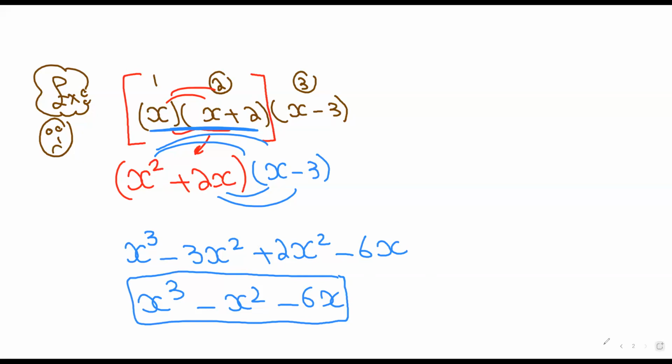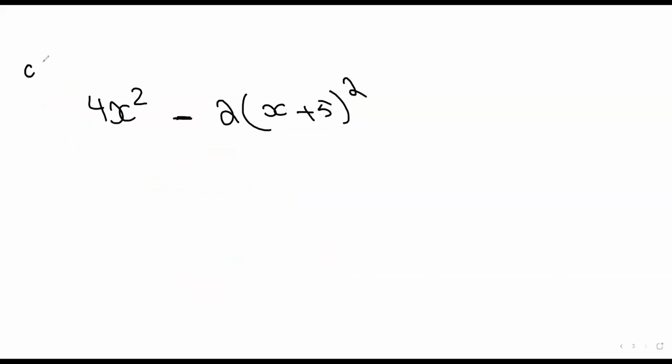That makes it easier. One more example: 4x power 2 minus 2 brackets, x plus 5, all squared. Something like that. Why are you giving us strange problems when we were doing fine? Now it's very simple. Yes, sometimes I might add an extra item over here.